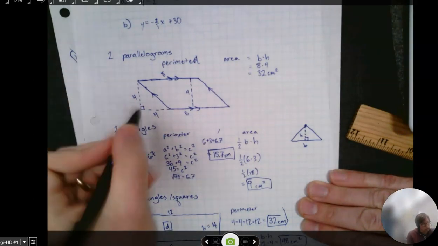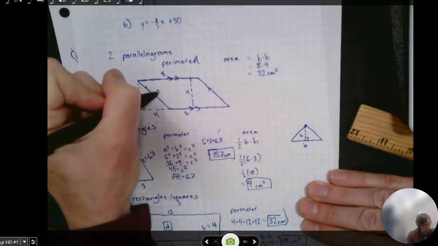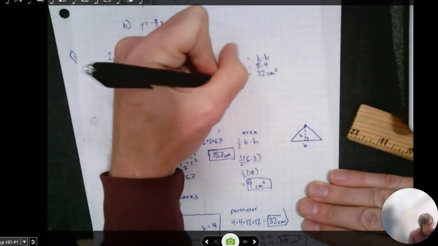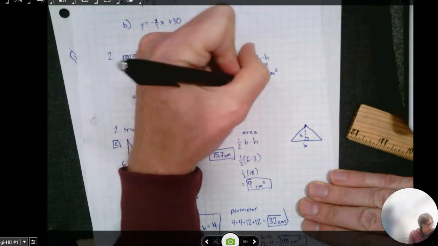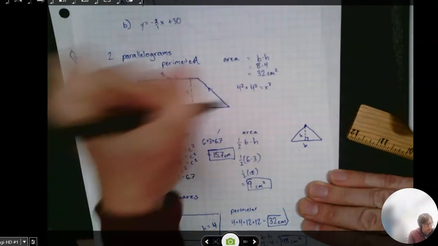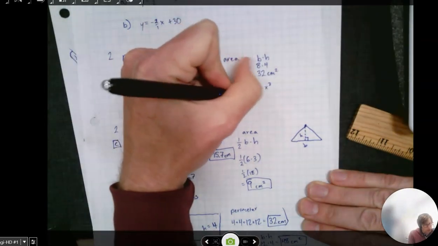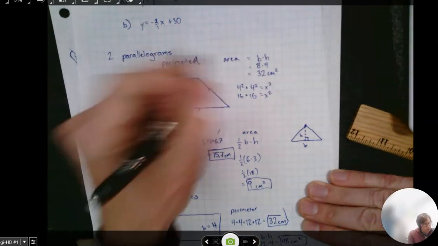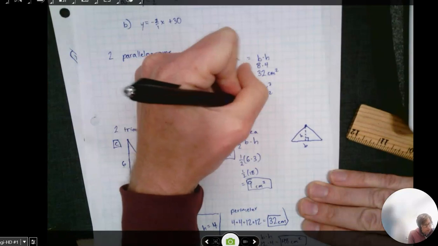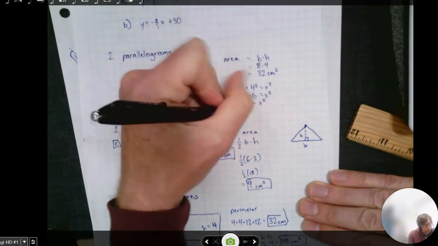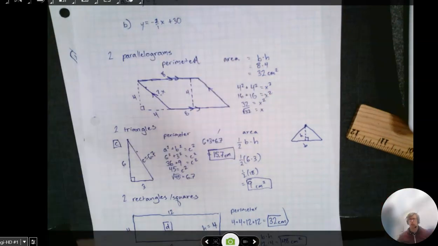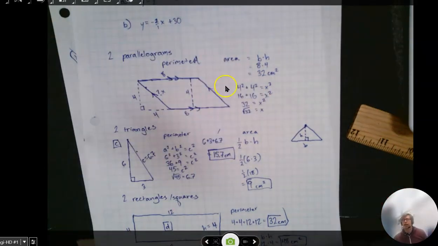And so to find this length here, let's call it x. I'm going to use Pythagorean theorem. So 4 squared plus 4 squared equals x squared. 16 plus 16 equals x squared. And I'm just using Pythagorean theorem here. 32 equals x squared. And when I take the square root of 32, I have x. Let's go ahead and get that value.